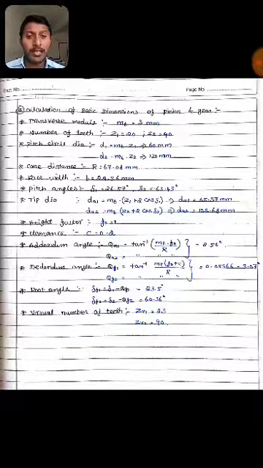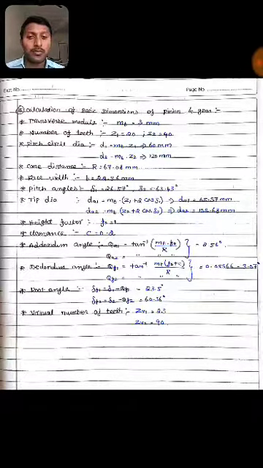Next, step 15. Calculation of basic dimensions of pinion and gear. Now, first find out transverse module. Transverse module mt is already found. mt is equal to 3 mm. Number of teeth Z1 is equal to 20, Z2 is equal to 40.